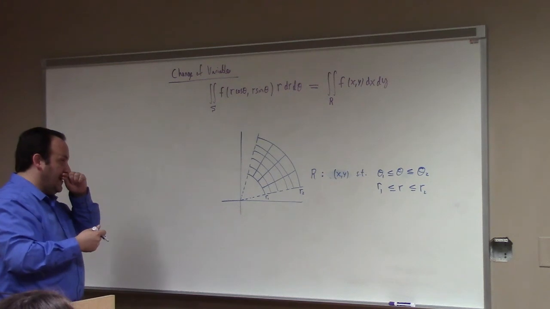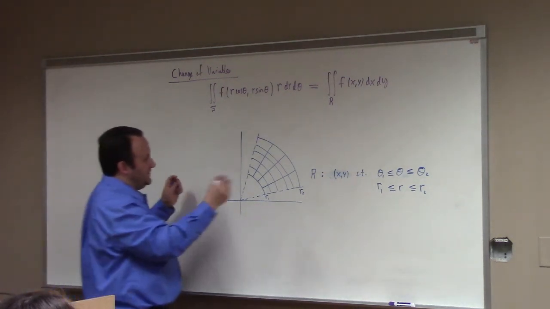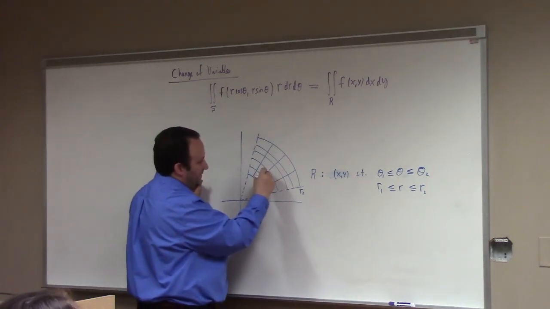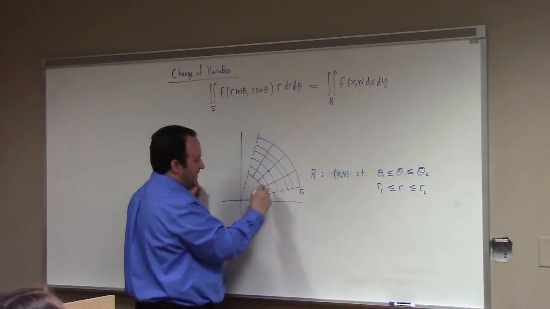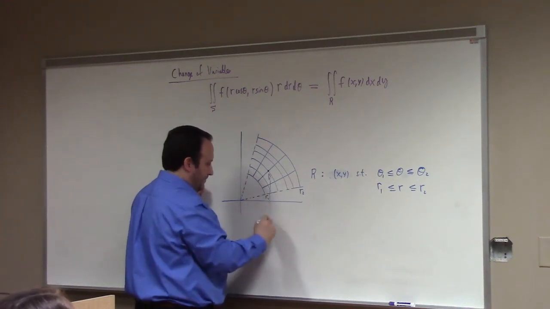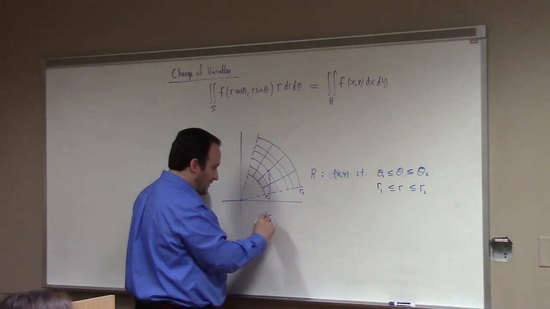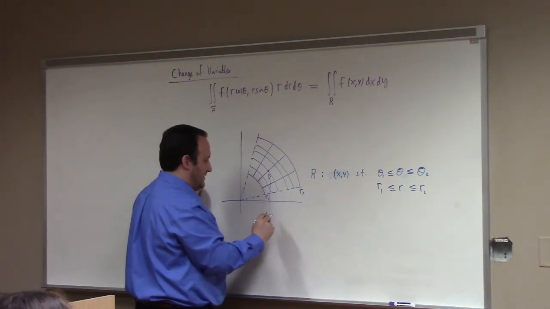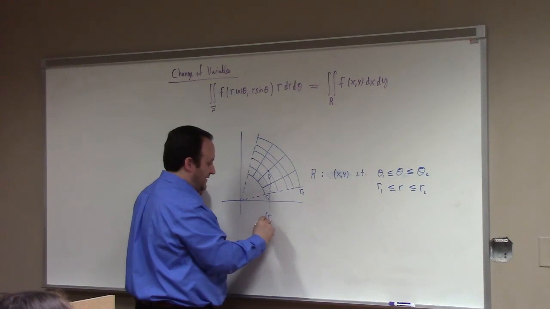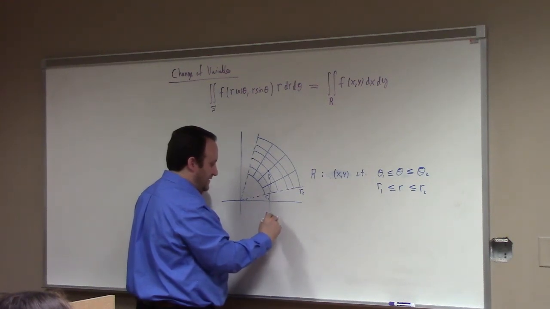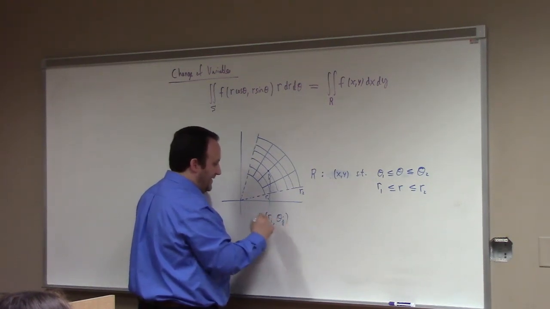Each one of these, let's look at this particular point here, is at the ith radius, and it's at the jth value for theta, that point right there.